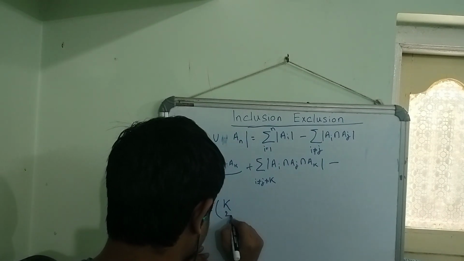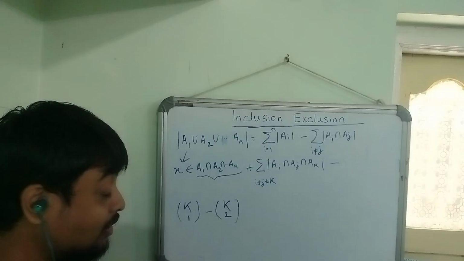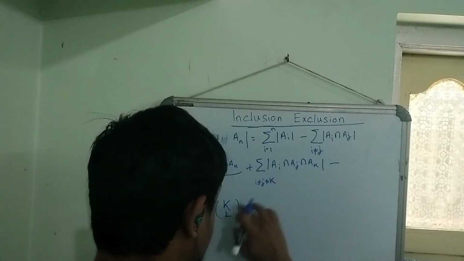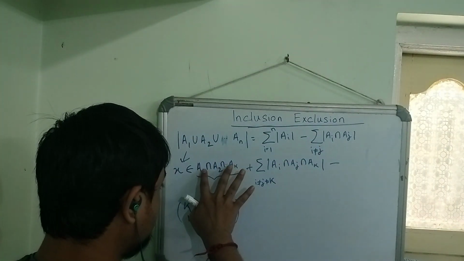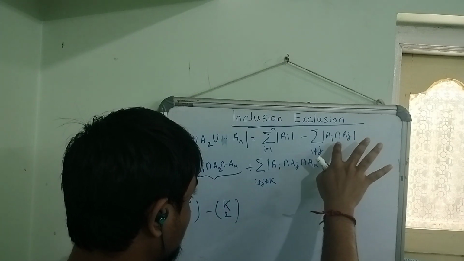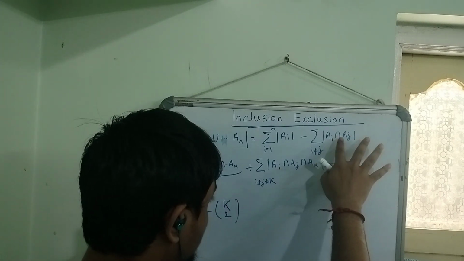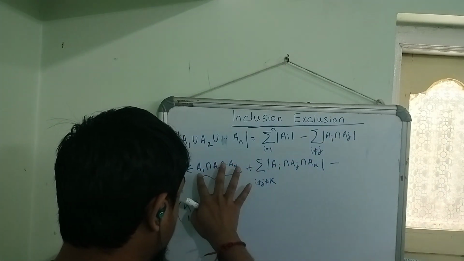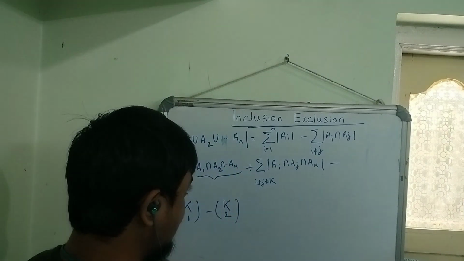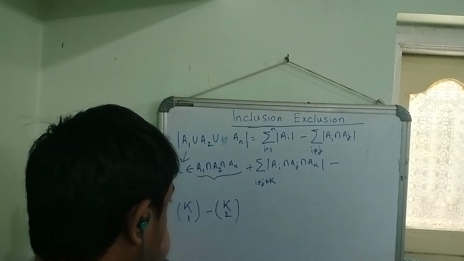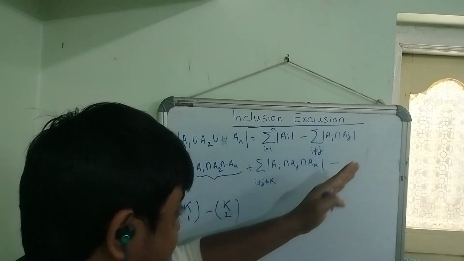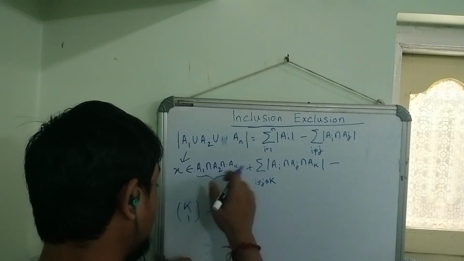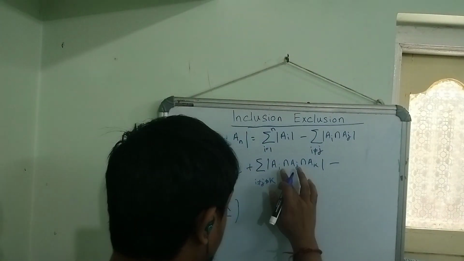K choose two times. Among ai and aj, both must belong to a1 to ak, and they are distinct. So how many ways can we do that? K choose two ways.